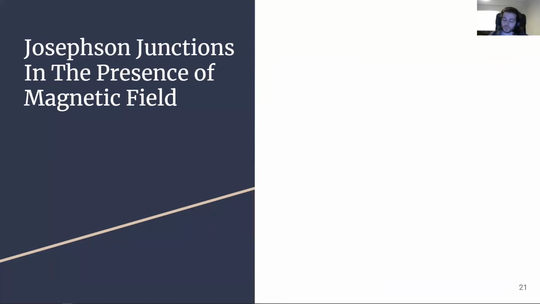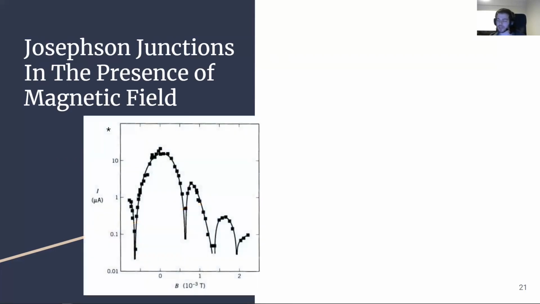Okay, now we shall observe some characteristics of the Josephson junctions. In the presence of a magnetic field, we have such behavior. This is the current passing through the junction, the maximum amount of current that you can pass through the junction.